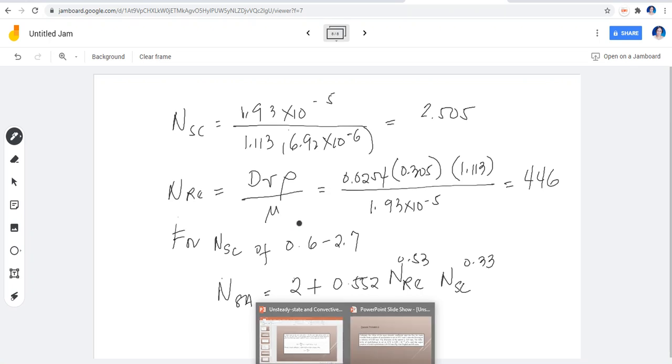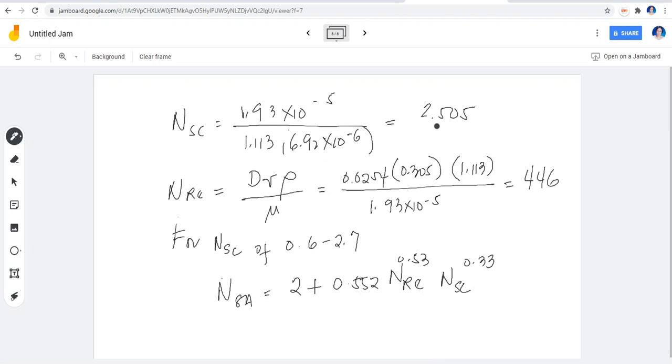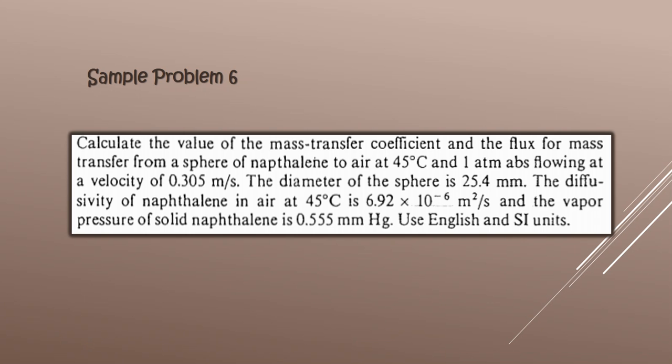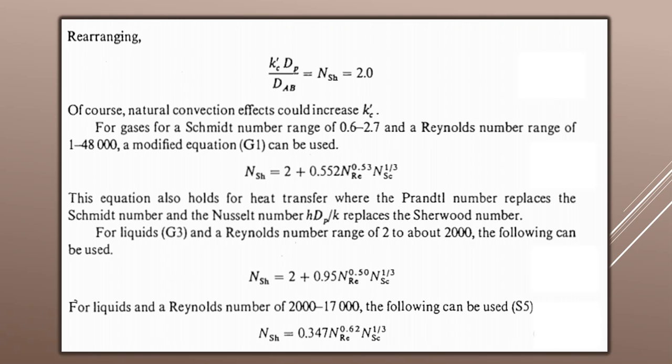So remember this, 2.505 for the Schmidt number. And we're talking about gases. Now, the last two are for liquid, so we will not look into them. We will just have this one. So for gases, for a Schmidt number in the range 0.6 to 2.7, our value for the Schmidt number, by the way, is 2.505.